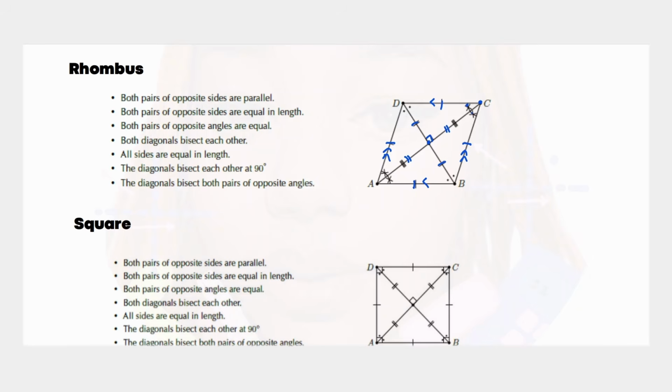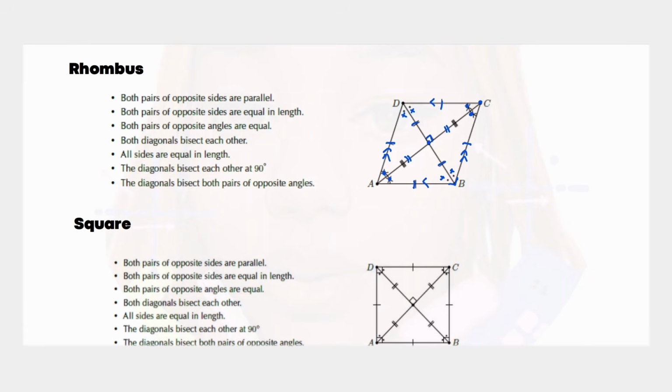It bisects it, meaning this angle and this angle are equal to each other, and this angle and this angle are equal, and also these 2 are equal, and these 2 are equal. So the diagonal cuts this angle equally, so it bisects it.